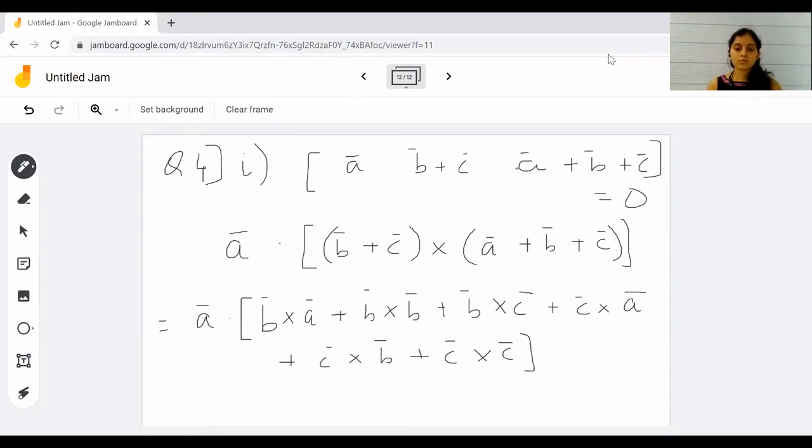Now remember, the cross product of the same vectors is 0 because the angle between the same vectors would be 0, sine 0 is 0, and therefore that will be 0. So we have c bar cross b bar and c bar cross c bar and b bar cross b bar as 0.